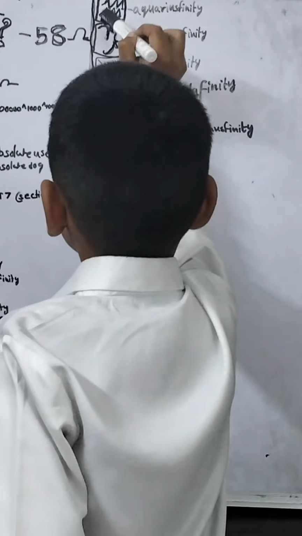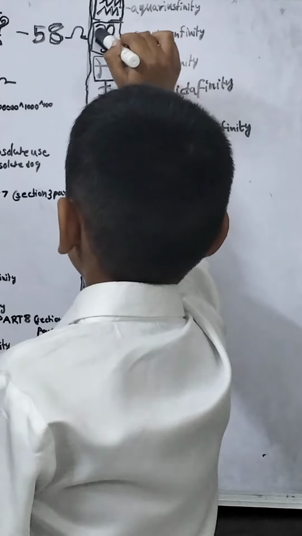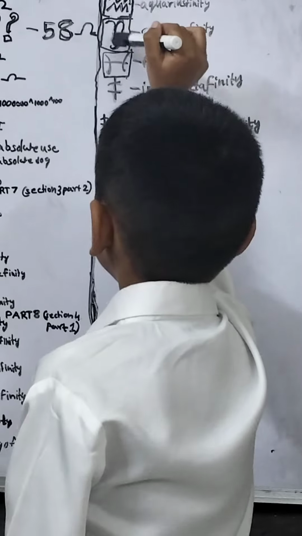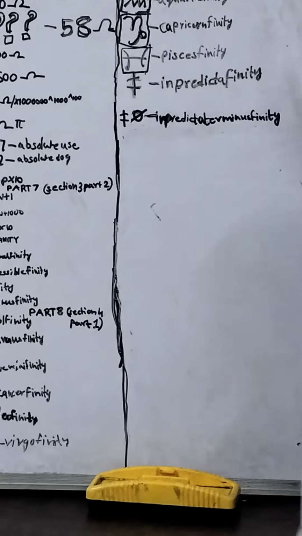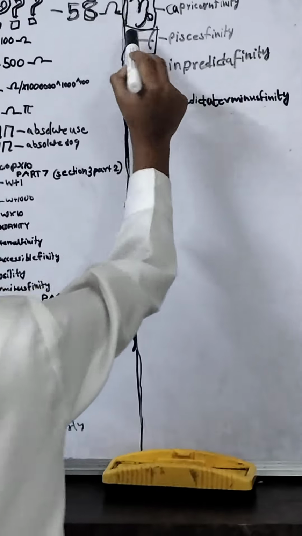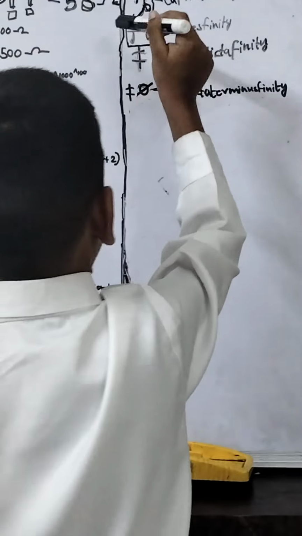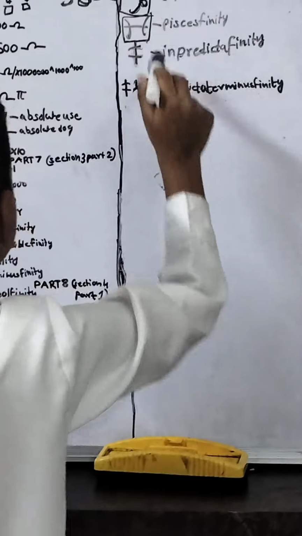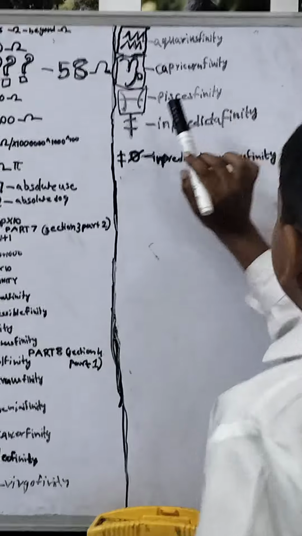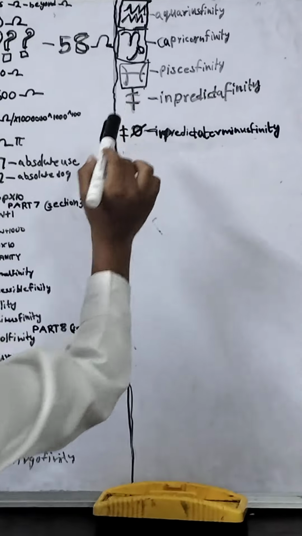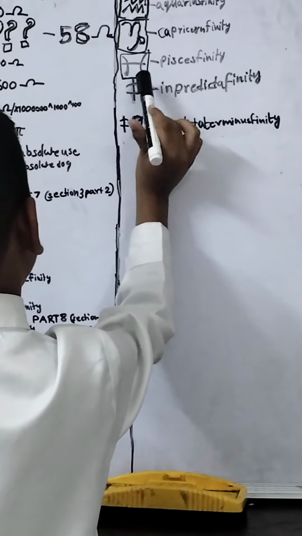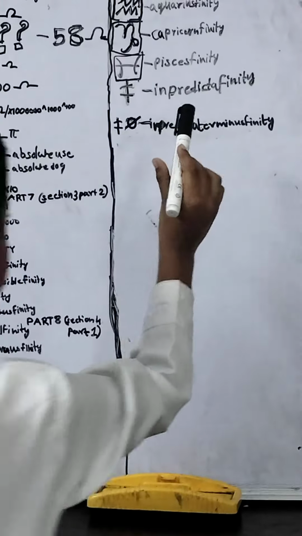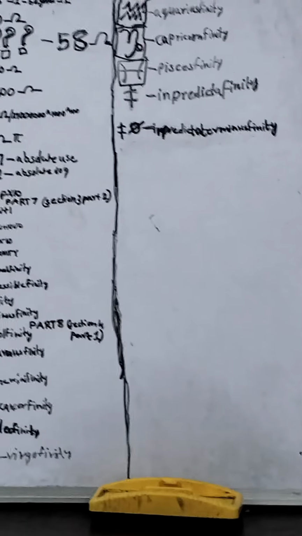And this N here with this dot and with this curve, it is Capricorn infinity. And this bracket close and a bracket and line crossing both is equal to Pisces infinity. And this one and this line and the two lines crossing is inpredictaterminusfinity.